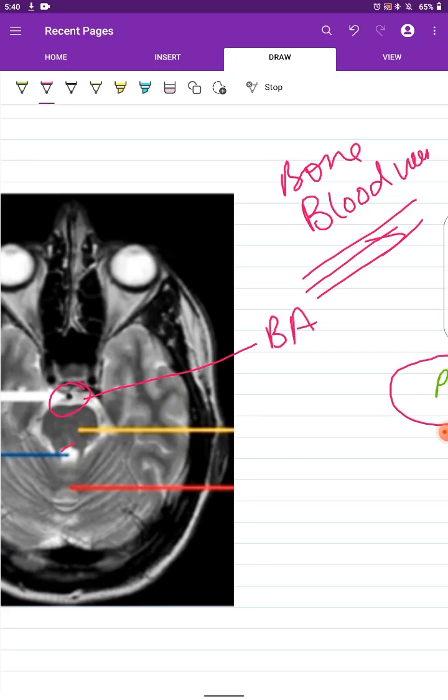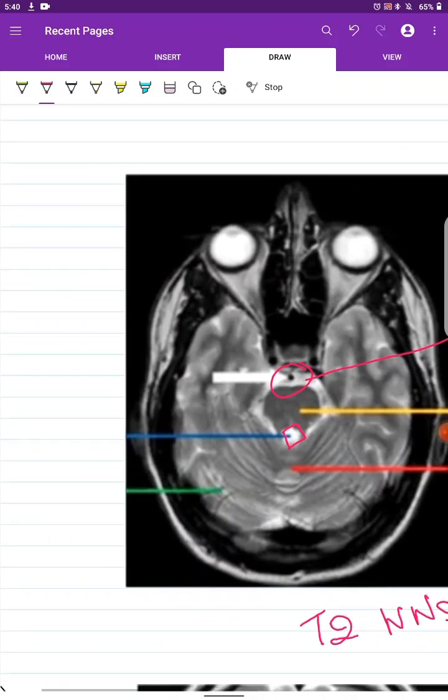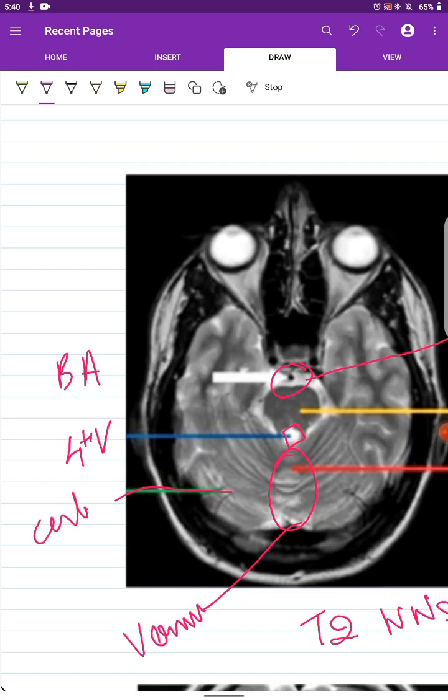And this is a diamond shaped structure with the white. What is white? CSF is white in MRI. World War II. So this is nothing but the diamond shaped fourth ventricle, the basilar artery. This is nothing but the vermis. This is nothing but cerebellar hemisphere.